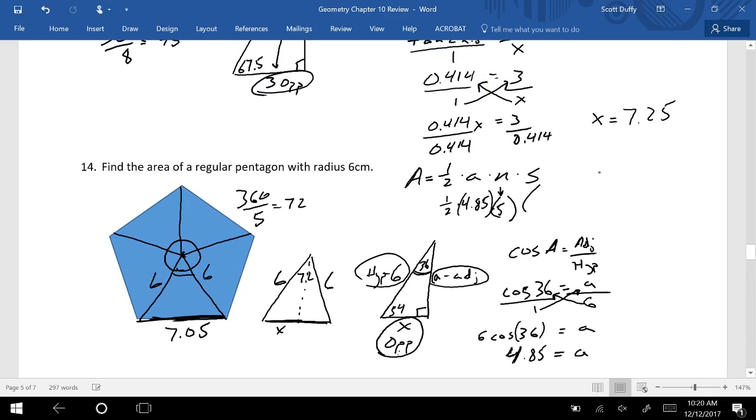So now I have the last piece of information I need, and I can calculate that all out. Multiply that out, you get 85.48 square centimeters.